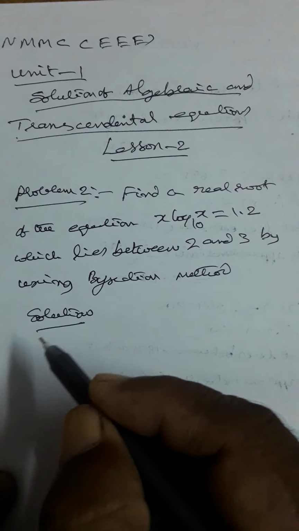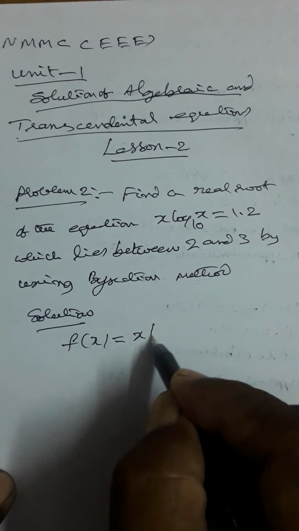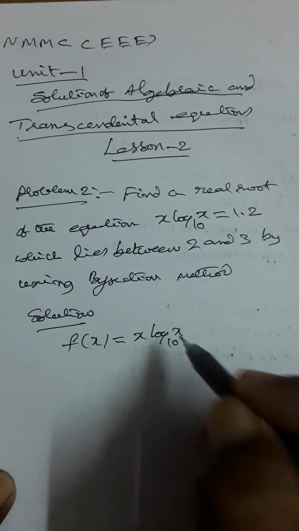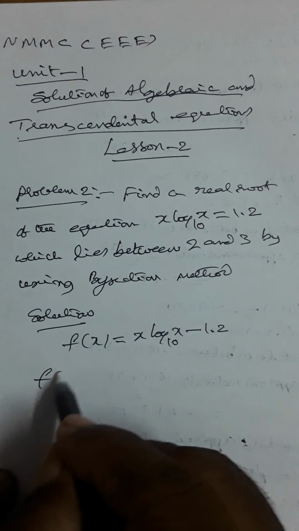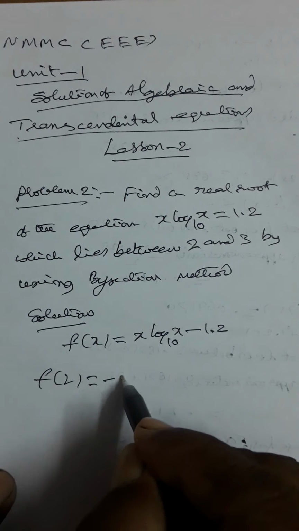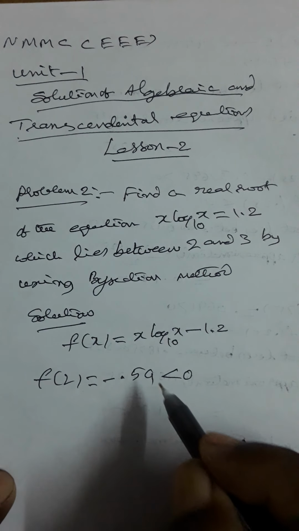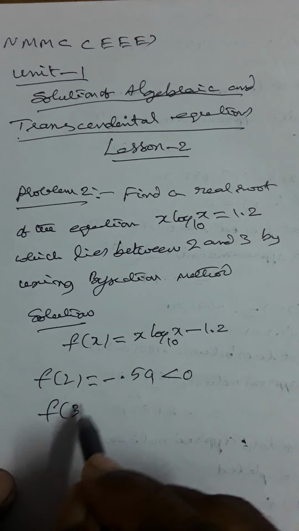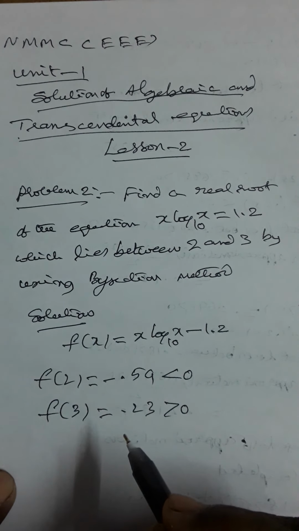Solution: f of x is equal to x log x base 10 minus 1.2. f of 2 is minus 0.5.9, less than 0. f of 3 is greater than 0.